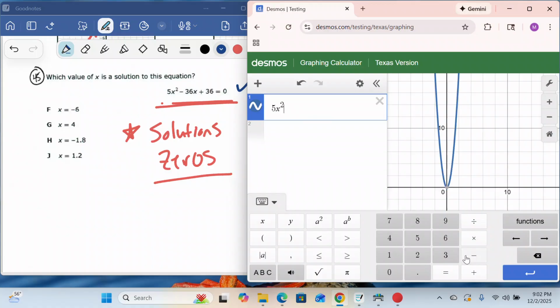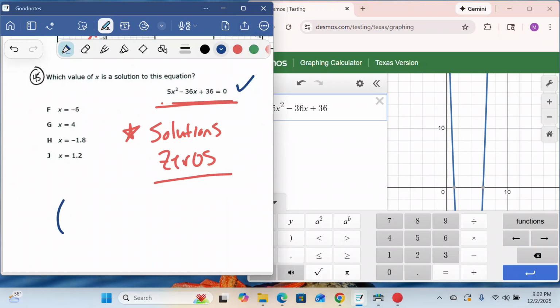I've got 5x squared minus 36x, plus 36. And there it is. Our solutions, our zeros, are 6 comma 0 and 1.2 comma 0.